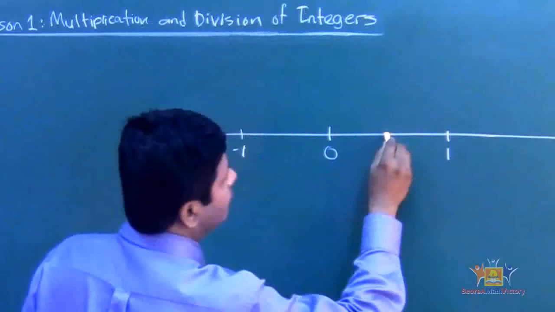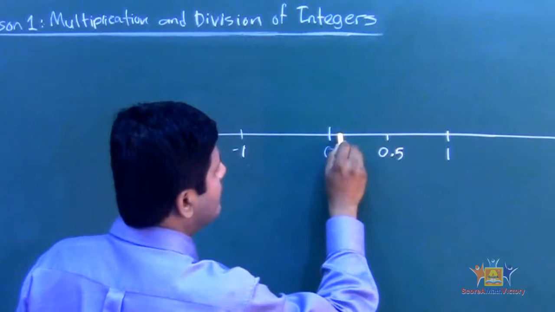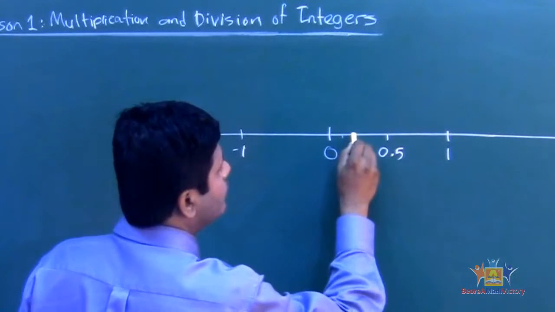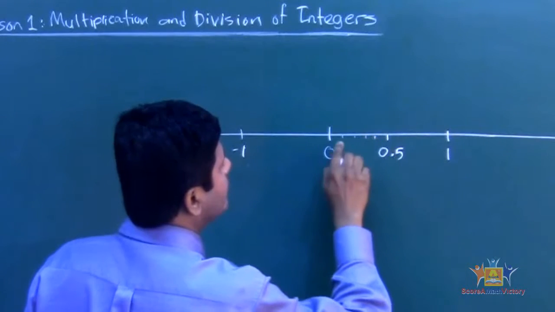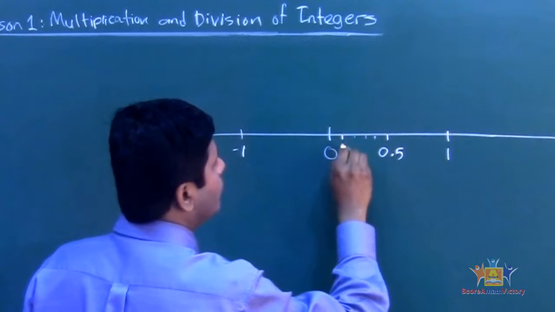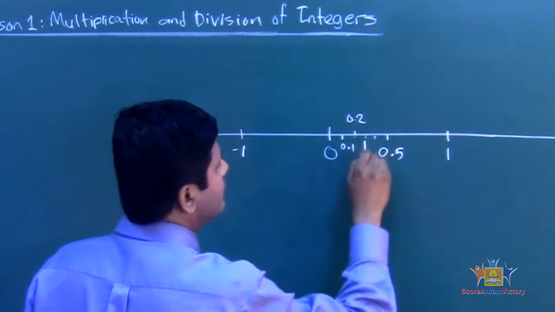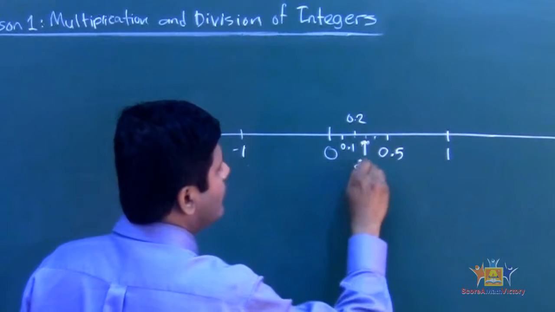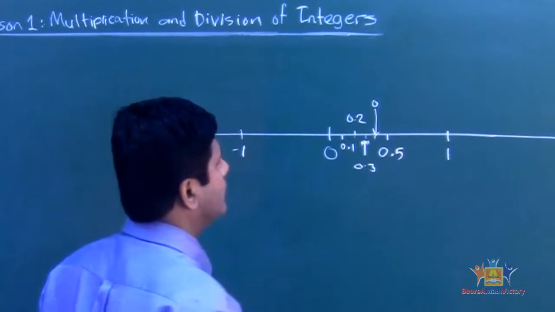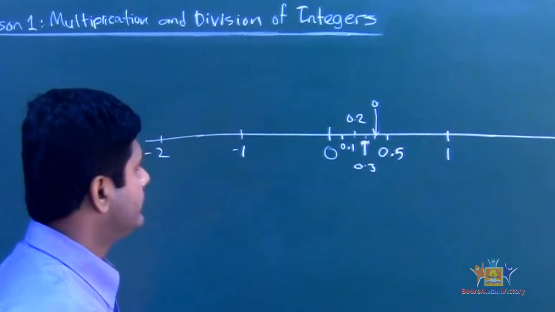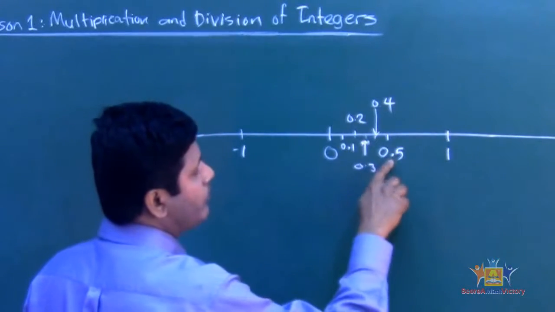If I take the very center, that would be 0.5. So if I divide this into 5 parts, 1, 2, 3, 4, it has to be even. So this will be 0.1, this will be 0.2, this will be 0.3, and this will be 0.4, and that will be 0.5.